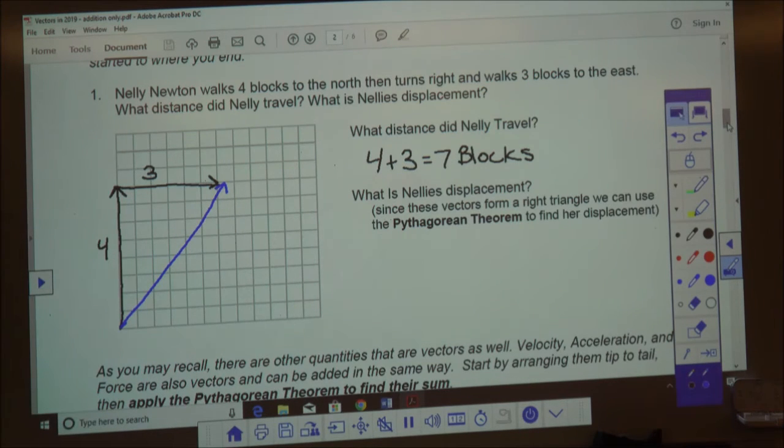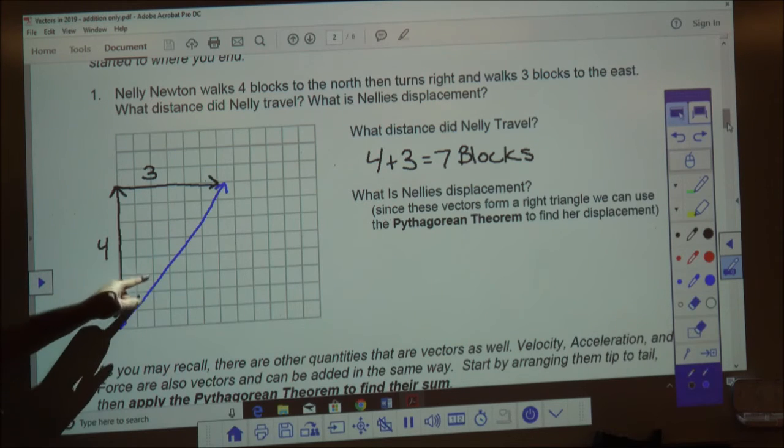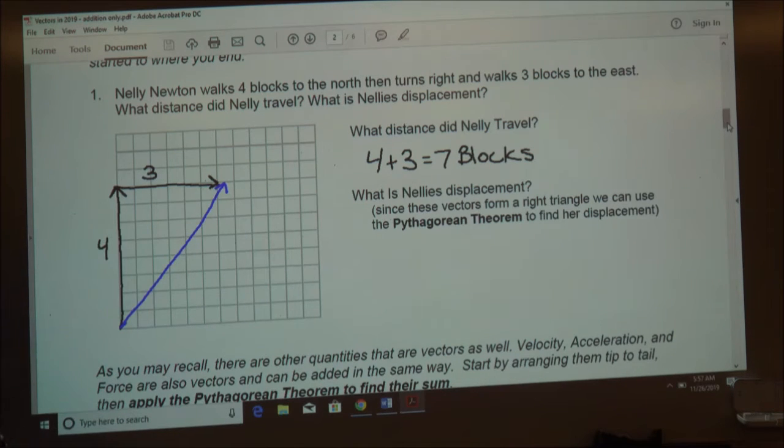It's much shorter than the actual distance that Nellie traveled. But like I said, you'd have to go through some yards to get there. Or if you were in an airplane, you could fly above. The airplane would fly just this vector rather than being confined to going up and down different streets.